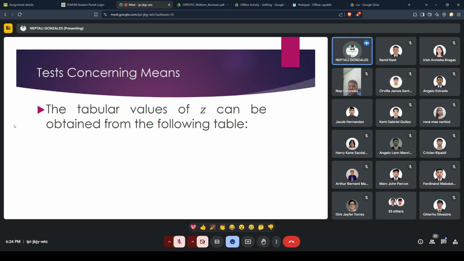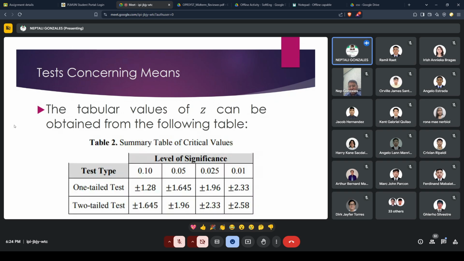The tabular values of z can be obtained from the following table. So these are all constants. According to the study, these are the accepted table. So this is the summary table of critical values.